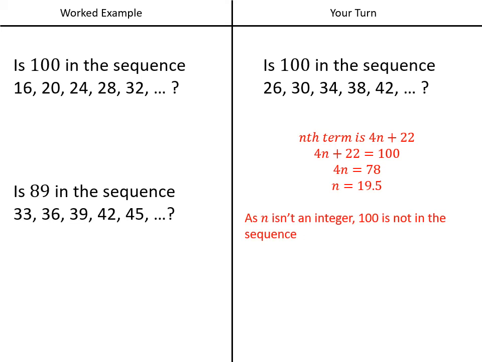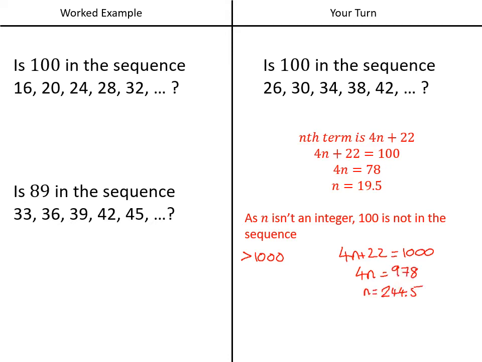My second question there was around the first term to exceed 1000. So if we use 4n plus 22 equals 1000 and we solve that, we get n is 244.5.